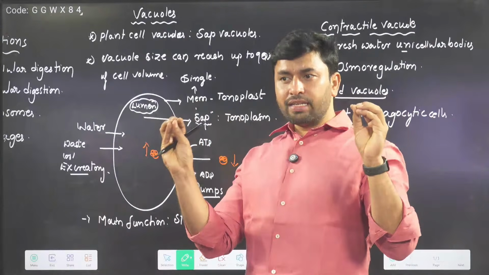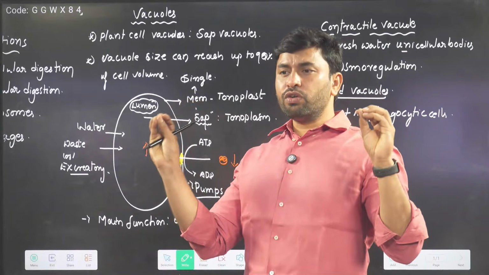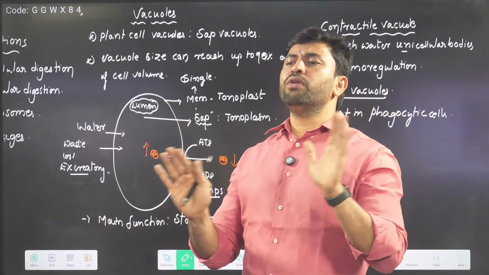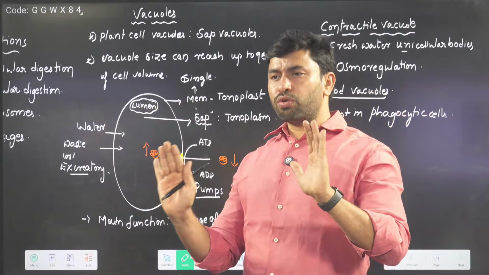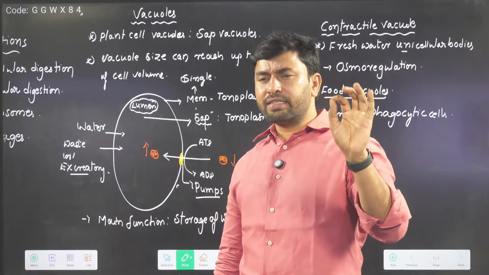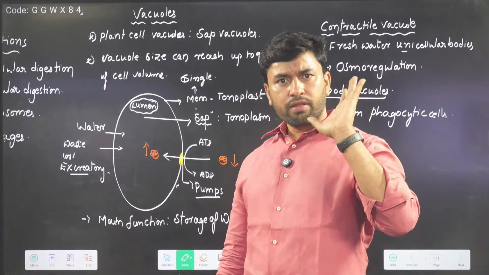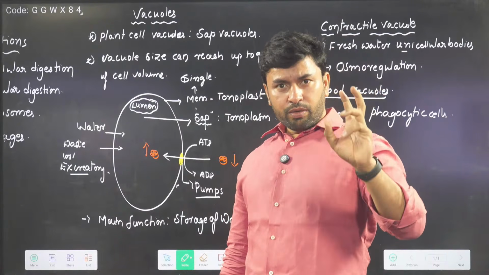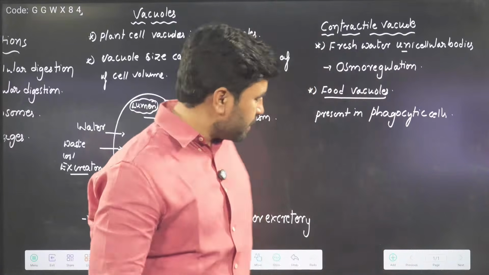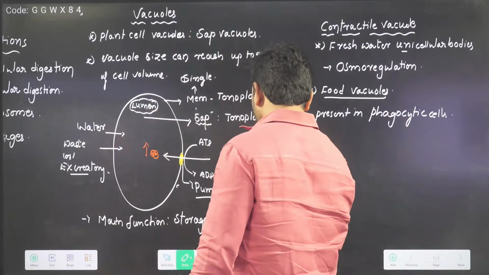If a plant cell stores food, it stores food only in plastids. In the vacuole, food is never stored. If they give the statement that food vacuoles are present in the plant cell, of course not. The vacuolar granules we will never call food vacuoles. Get the idea? That's about the vacuole story.